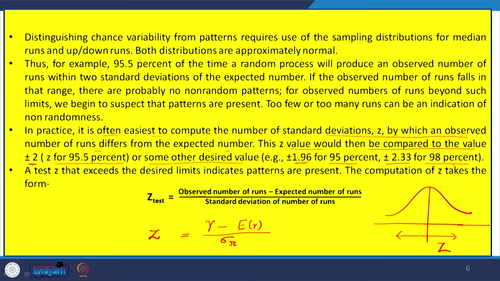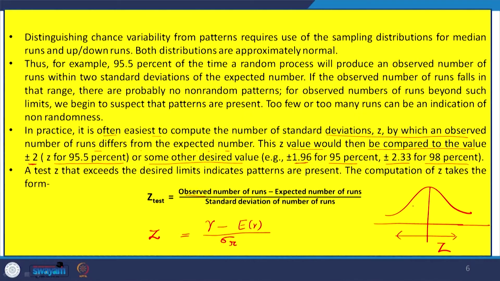So, if I want to include variations up to 99.74%, I may take the value of Z as plus minus 3.